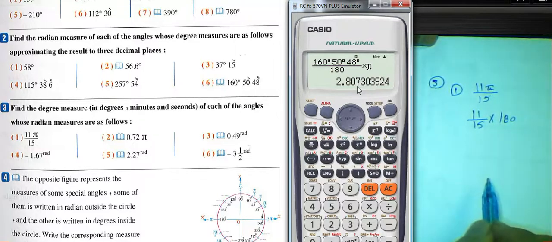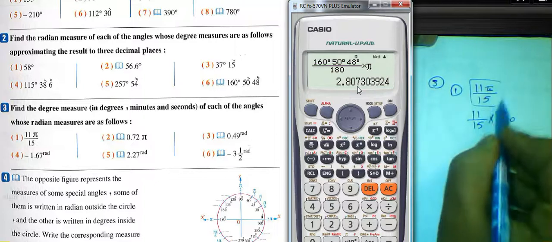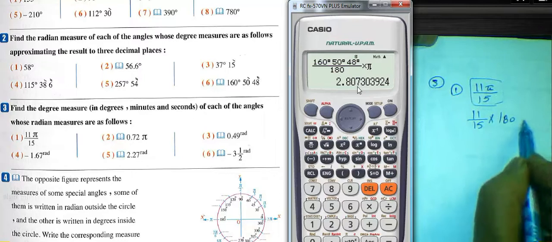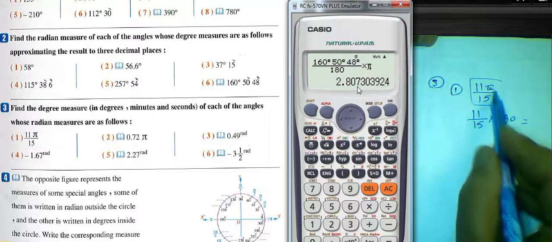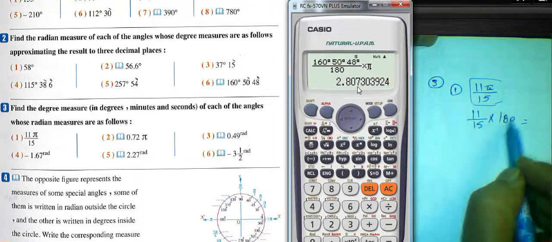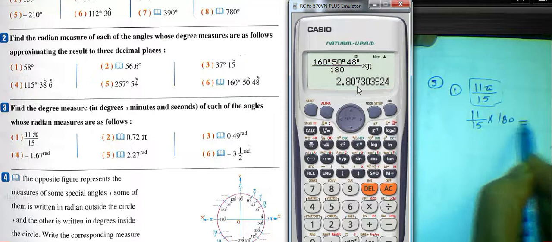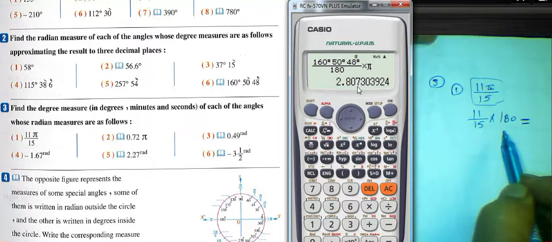If you want to convert this fraction to degree measure, you must cancel pi and put 180 here. You can replace pi by 180 and use a calculator.